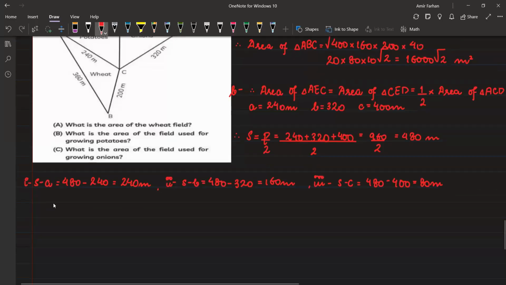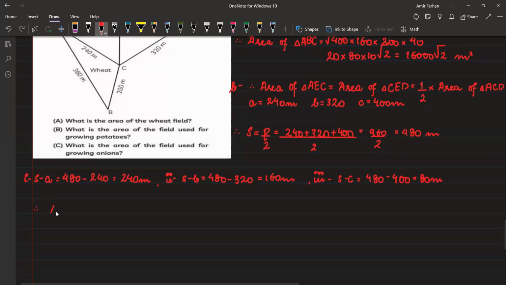ठीक है, अब just substitute the value over here. So area of AEC is equal to half.